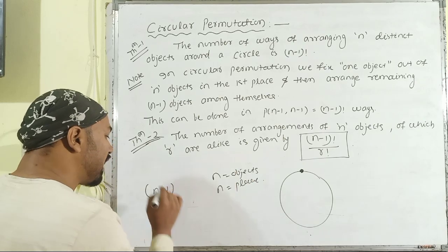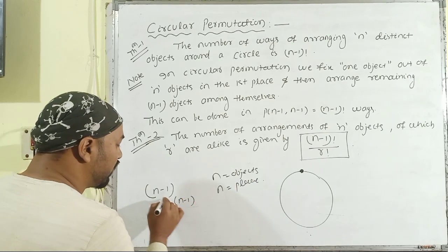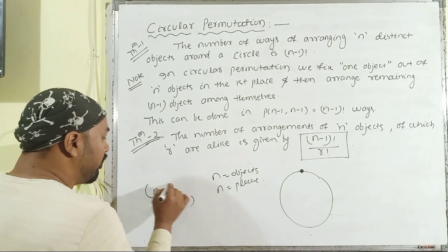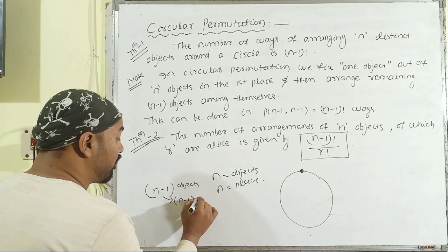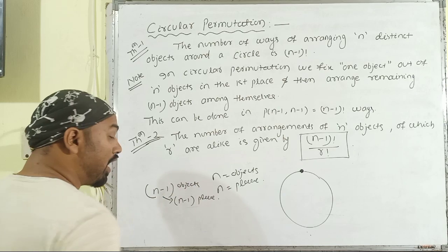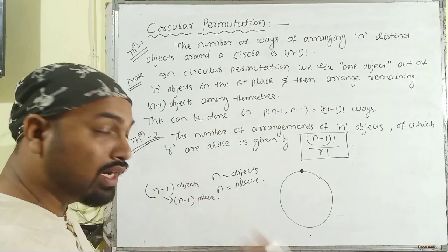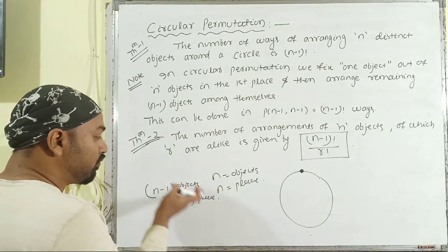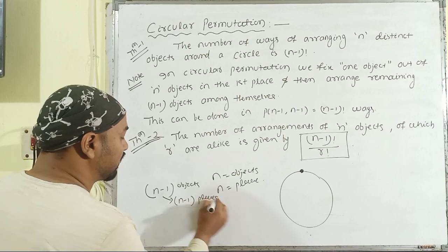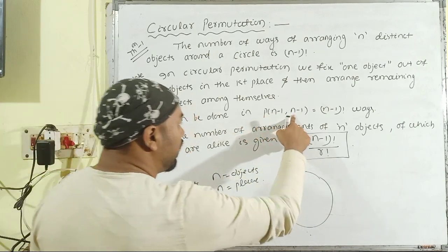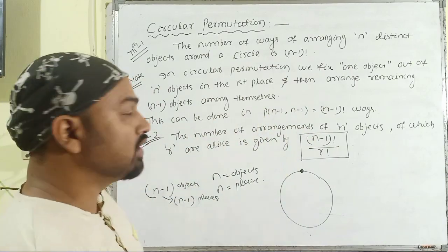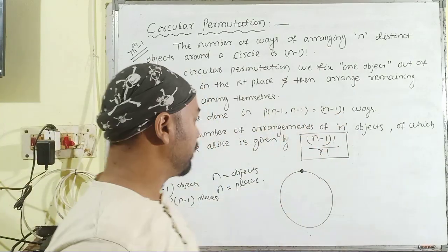So the places are also n minus 1 for the n minus 1 objects. The total number of permutations to arrange n minus 1 objects in n minus 1 places is the permutation of n minus 1 taking n minus 1, and this is factorial of n minus 1.